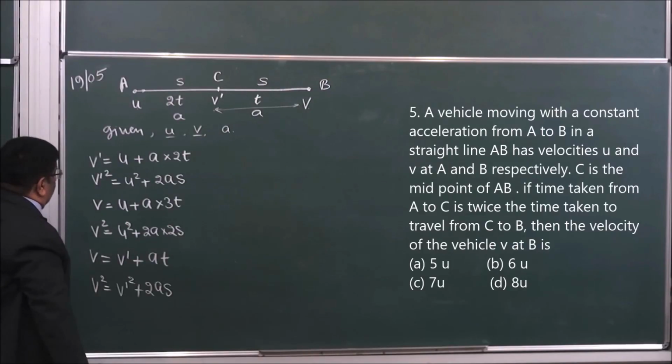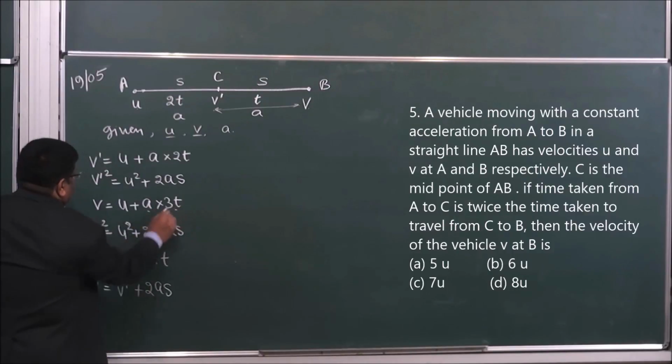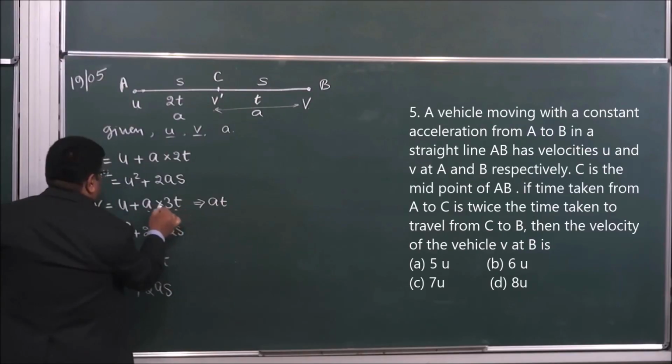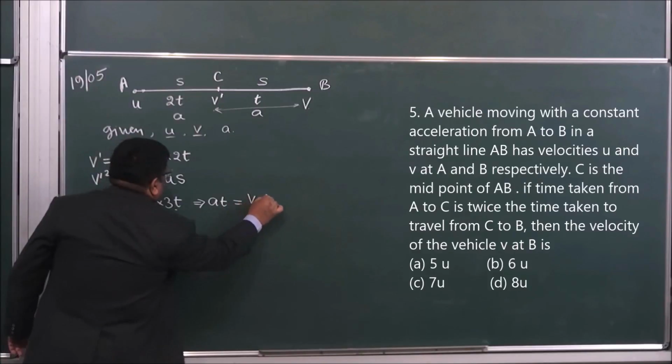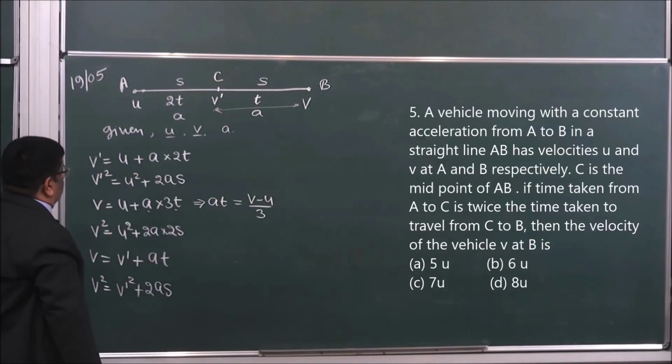Here, 3at is equal to v minus u, so v minus u upon 3. That is the value of at.